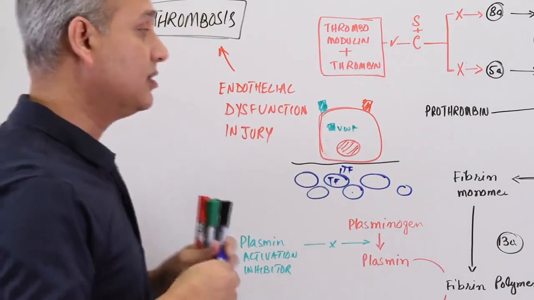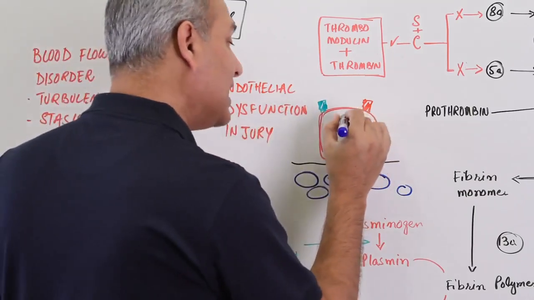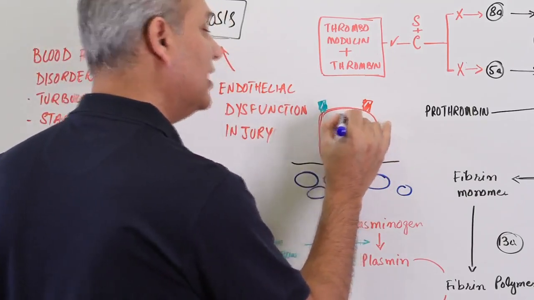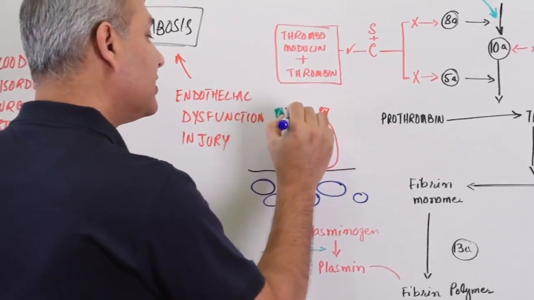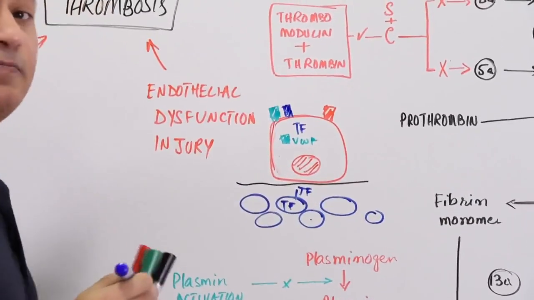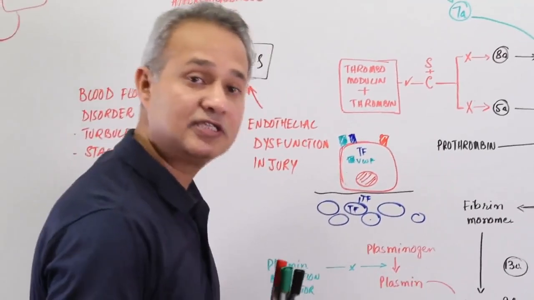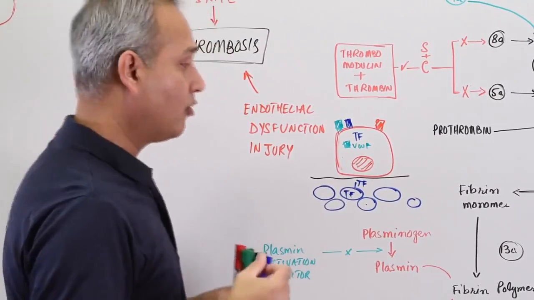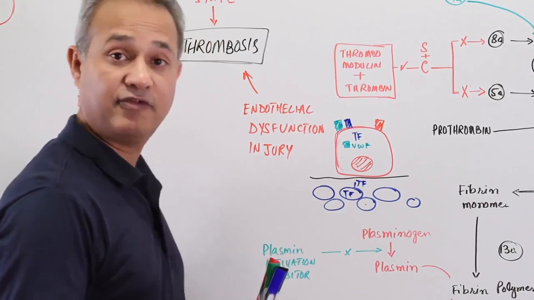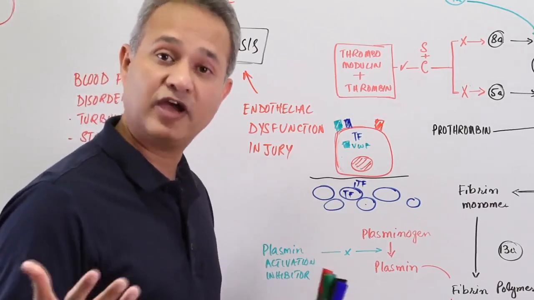However, please remember, endothelial cells have tissue factor as well, and they can express it when exposed to some injurious stimulus, for example, bacterial toxins, or shearing effects, or tumor necrosis factor.